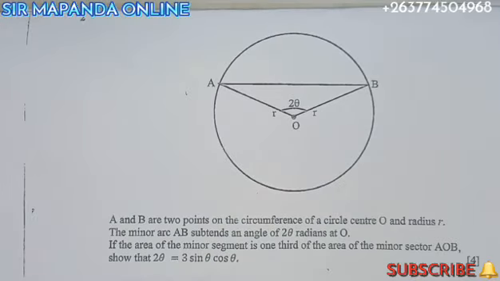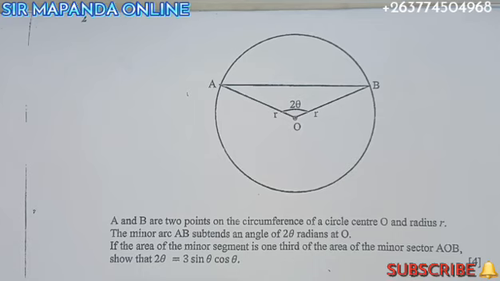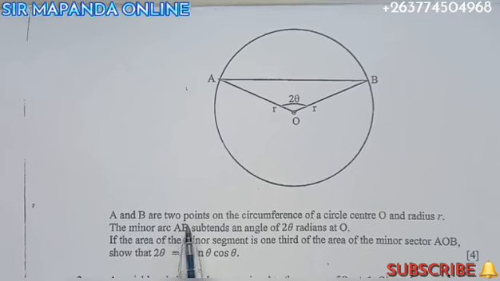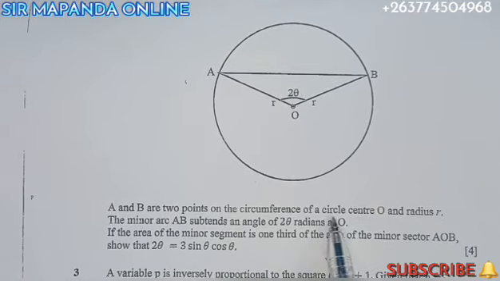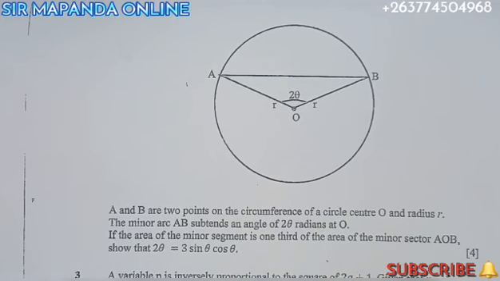So we are now moving on to question number 2. This is in line with the topic of circular measure, right? We are given a circle with radius r, and there is a sector AOB with angle 2 theta. A and B are 2 points on the circumference of a circle, center O, and radius r.